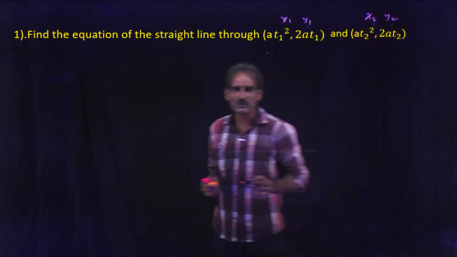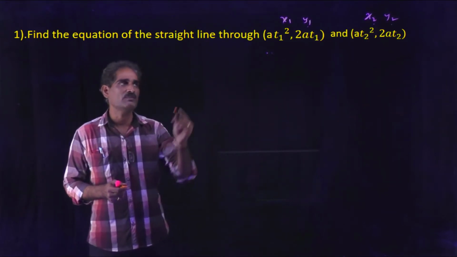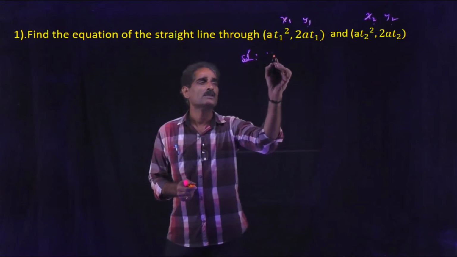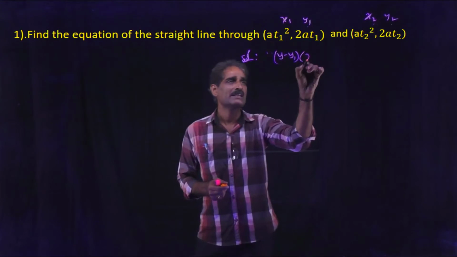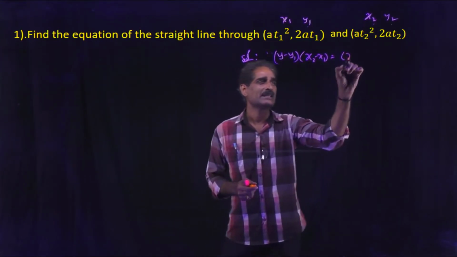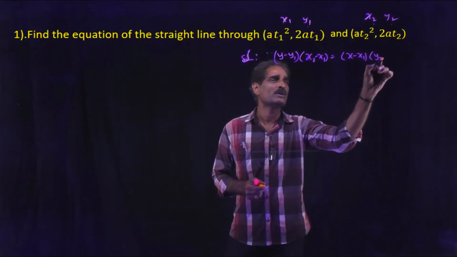If you know x1, y1 and x2, y2, you have a formula to find the equation of the line, that is the two-point form. What is the formula? Solution: y minus y1 into x2 minus x1 is equal to x minus x1 into y2 minus y1.